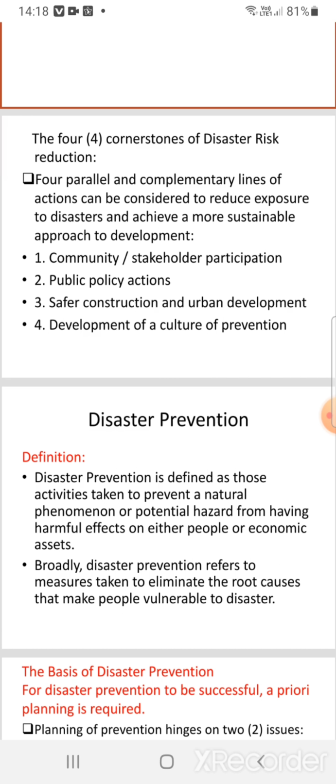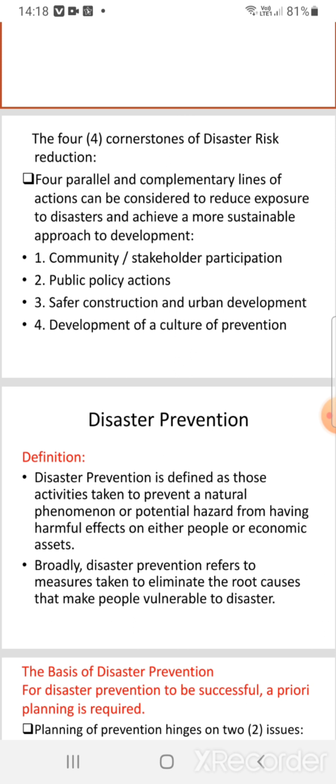First, community and stakeholder participation. Both the community and the stakeholders should participate in disaster risk reduction. The stakeholder involves the authorities and the community involves the common people.